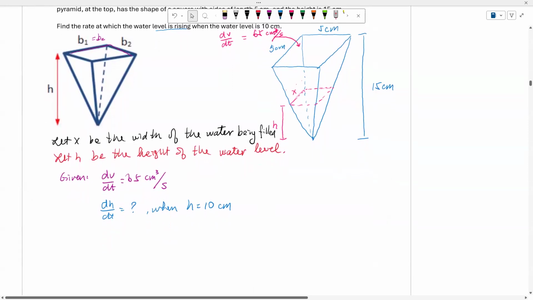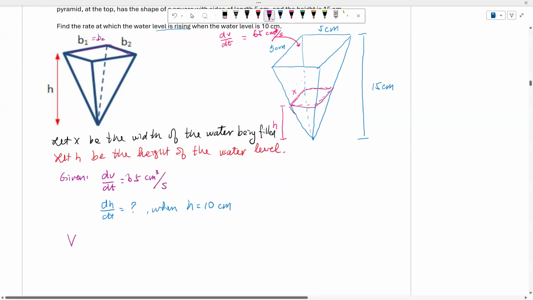Now let's see how we create the formula to work out this problem. We are looking for the volume changing, so what we want to do is find the volume of the water right here.